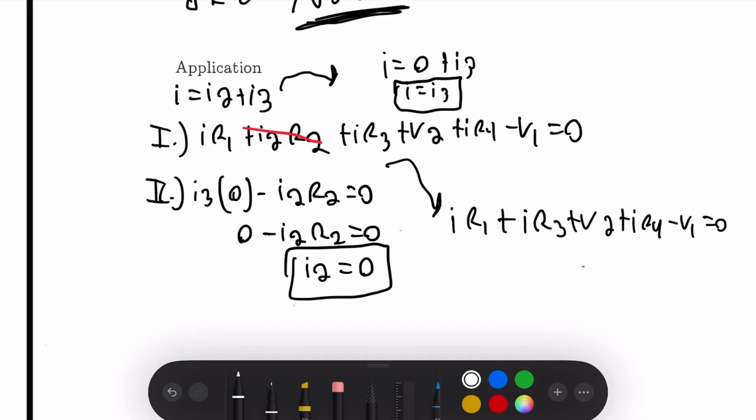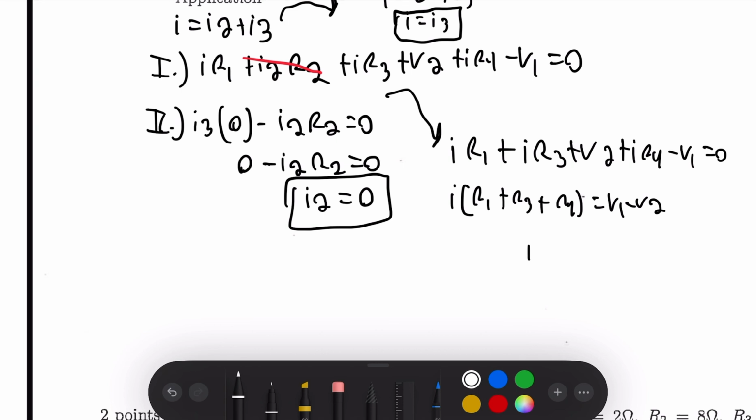I can pull out an I and just add up the rest. So I will have R1 plus R3 plus R4. If I move the batteries to the right side, I will have V1 minus V2. And to solve for current, simply just divide. So I is V1 minus V2 divided by R1 plus R3 plus R4.